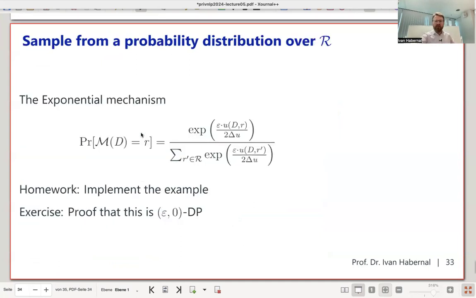So now, without much more explanation, I'm just going to say what the exponential mechanism looks like, and we're going to dissect it a little bit to understand what it really means. So this is the exponential mechanism. Basically, I'm going to put a probability distribution over my range.